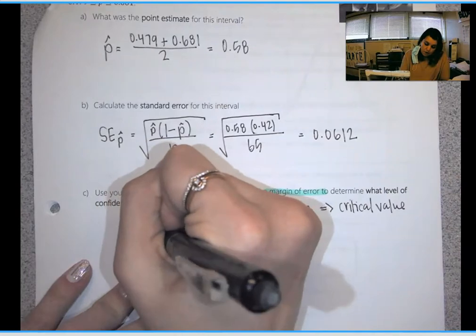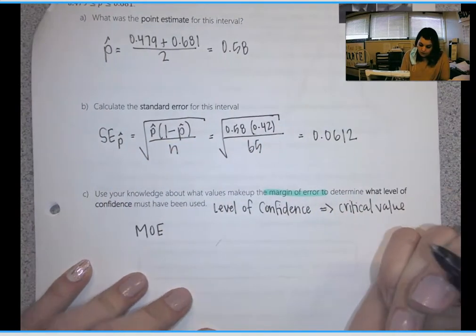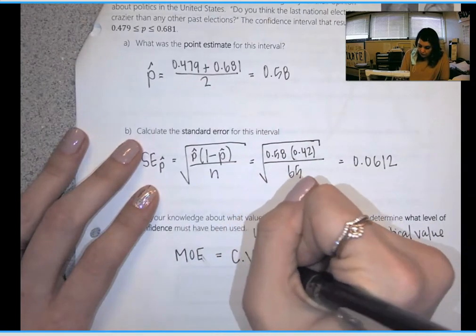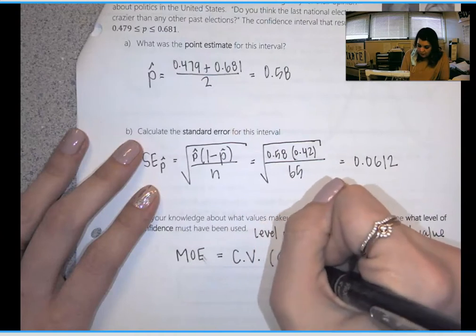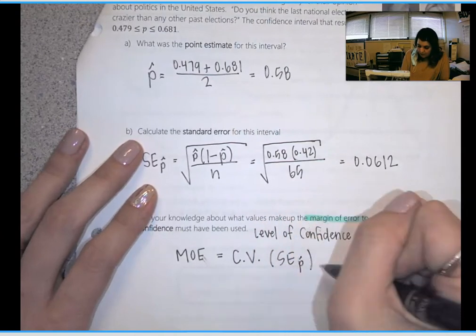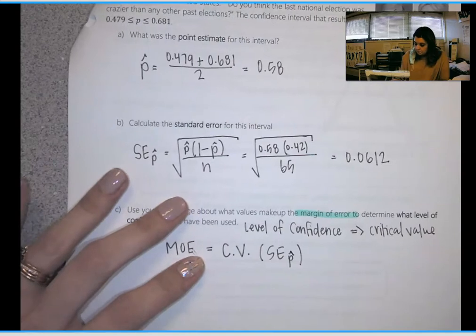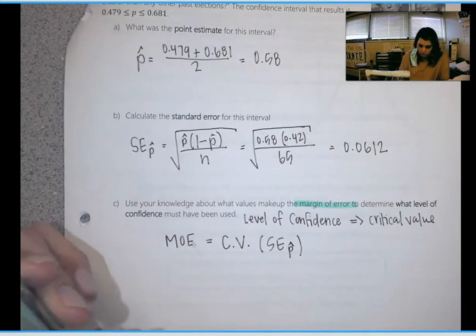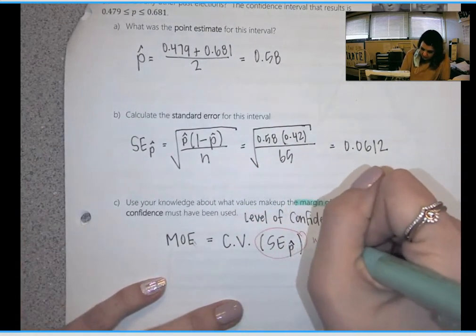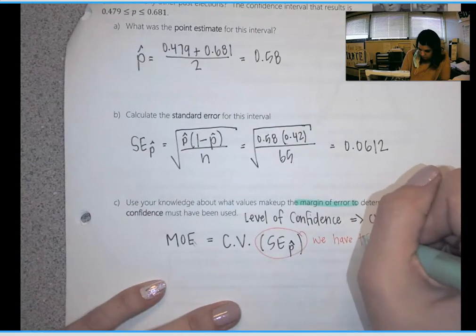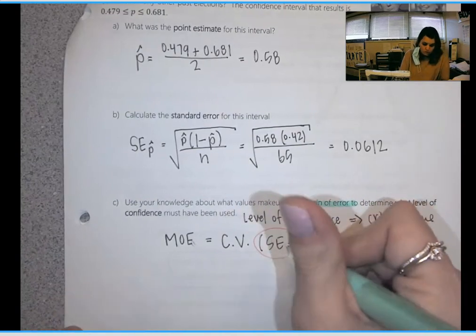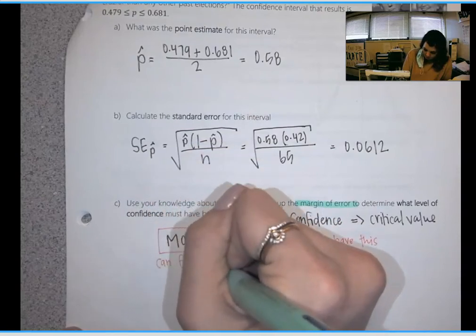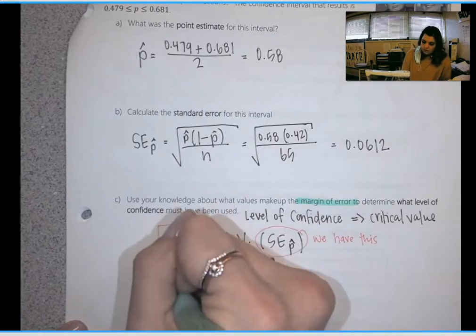Margin of error equals our critical value multiplied by our standard error of P hat. Okay, we have this. We can find this. How do we find this?